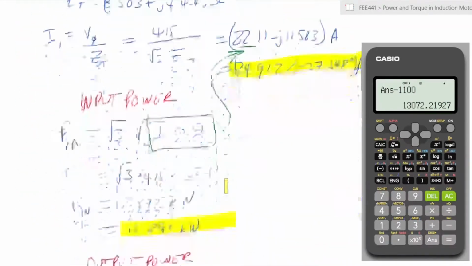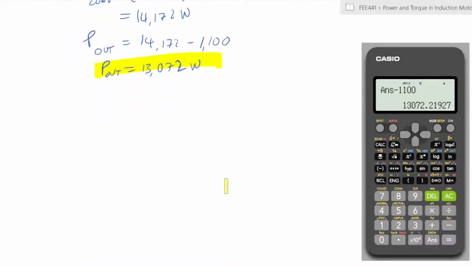And finally, let's look at output torque. The output torque is related to the output power. Load torque, which is the same as output torque, is equal to P out over the mechanical speed.